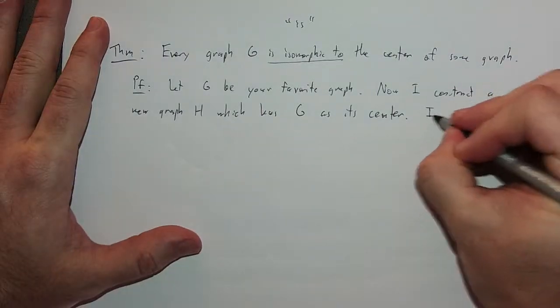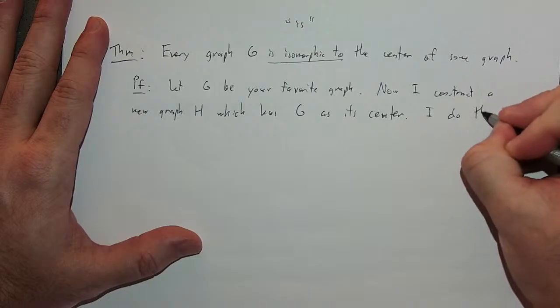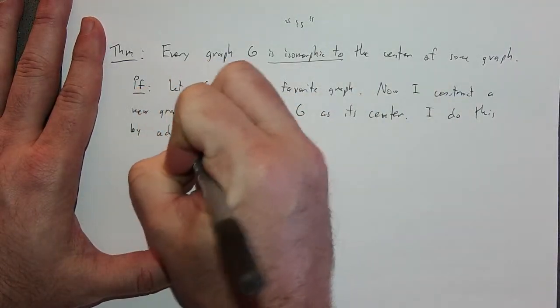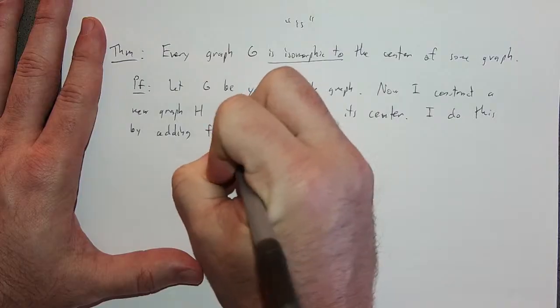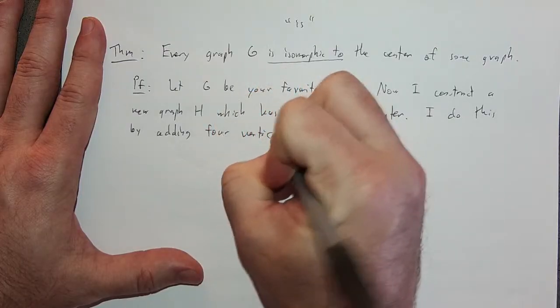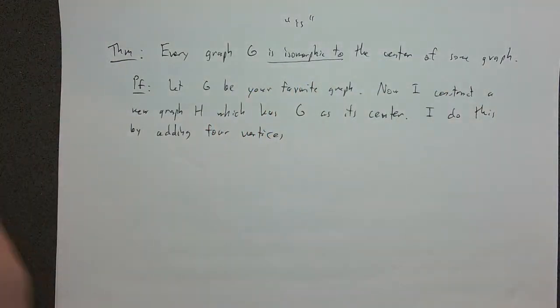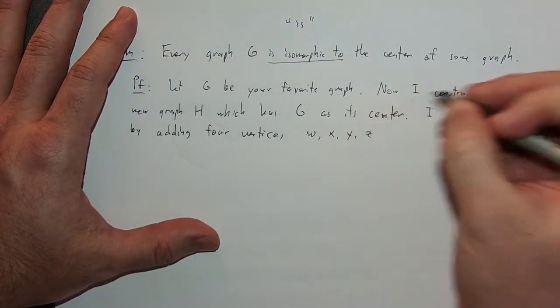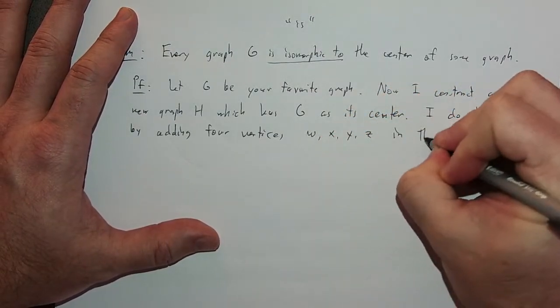I do this by adding 4 vertices. We'll call them W, X, Y, Z in this way.